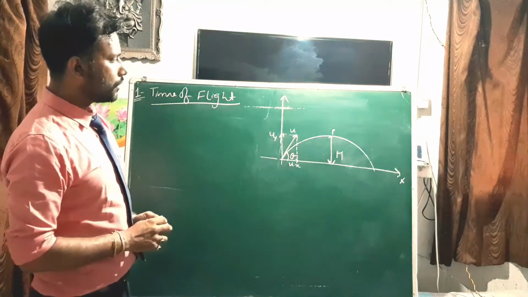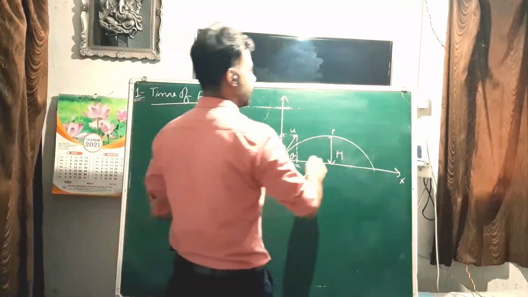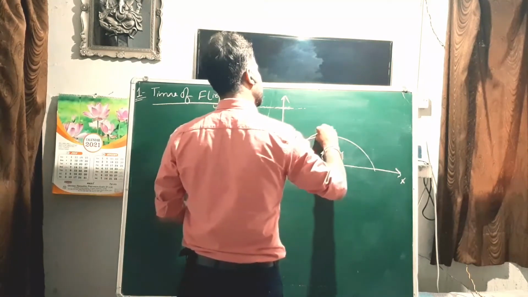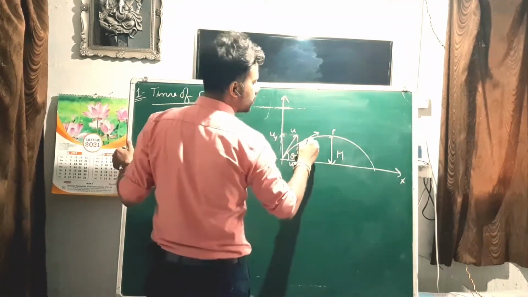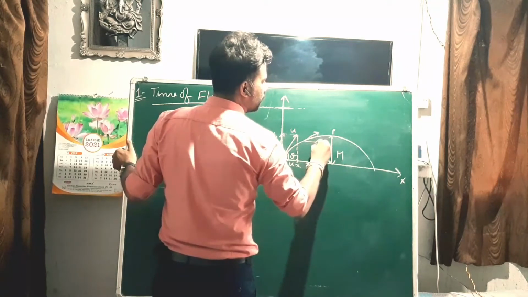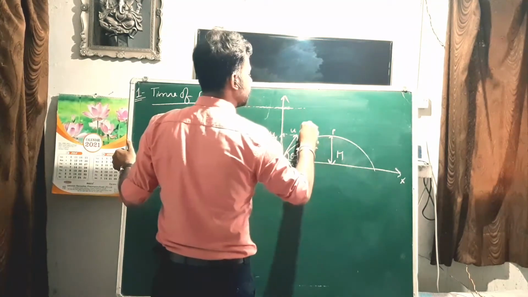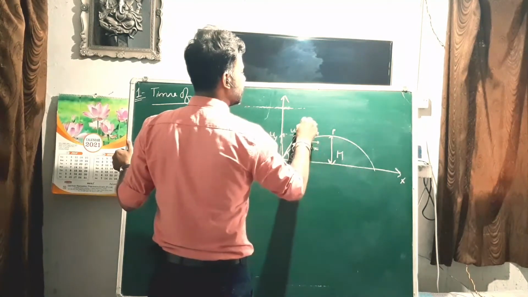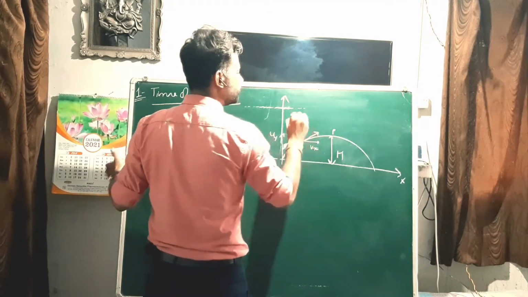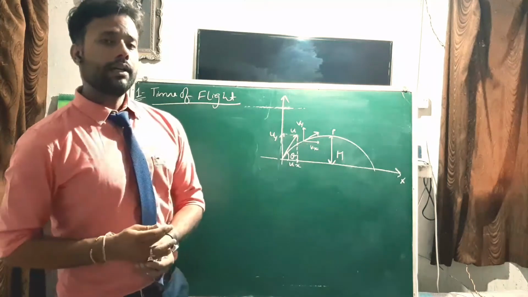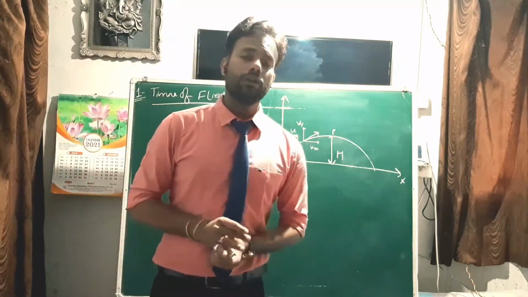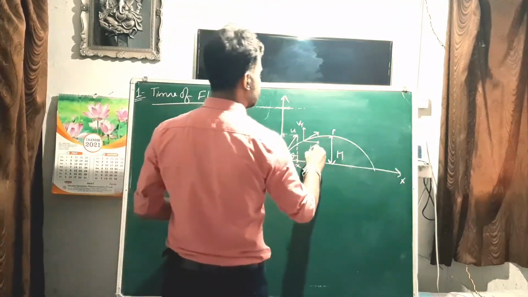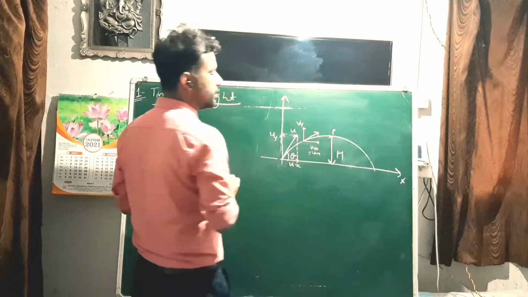Now consider that at the highest point the velocity components will be like this: there will be vx and vy. I told you yesterday that the horizontal velocity component does not change throughout the motion. So vx will equal ux, but vy will change.